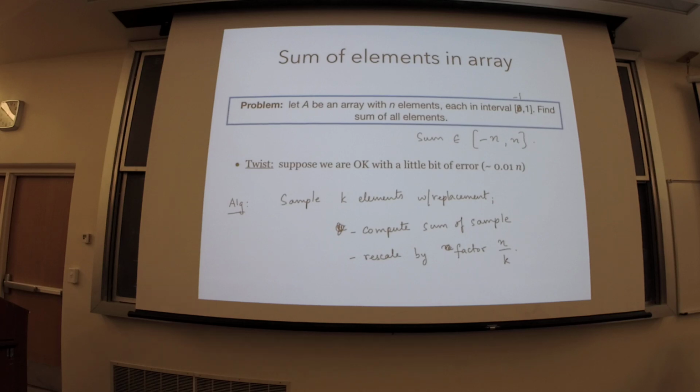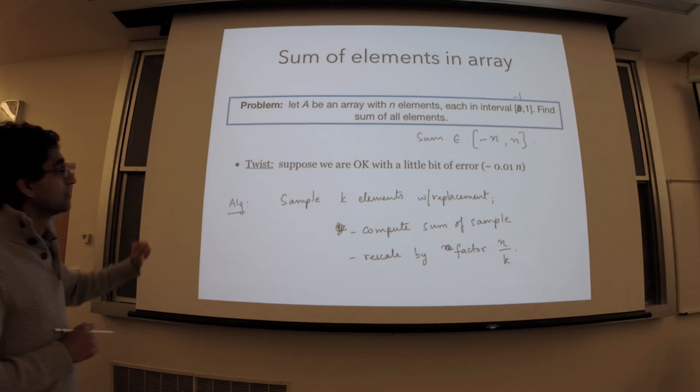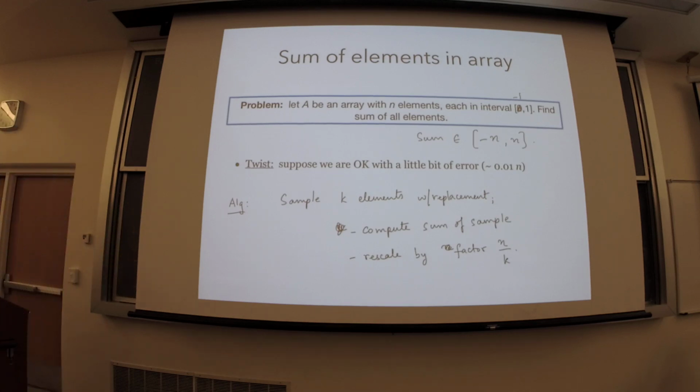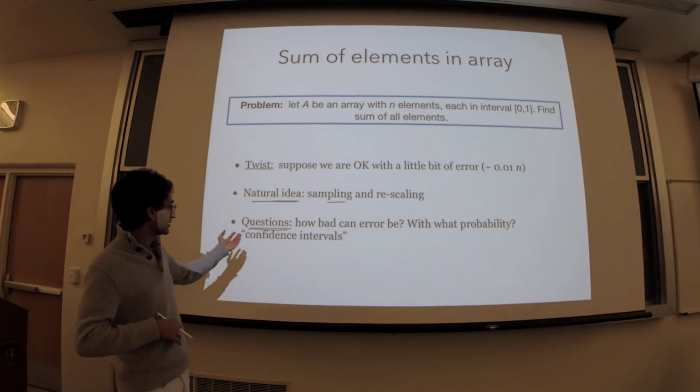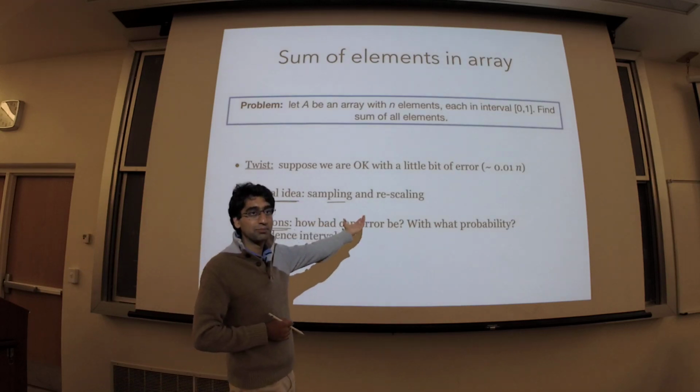Okay. But is the procedure clear? This is what you would expect: you don't have the patience to go over all of these things, so you randomly sample and you hope that this is a good estimate for the sum. All right, so this is the procedure, and these are the questions we'd like to understand. Basically, what people have been asking is: how bad can your error be?